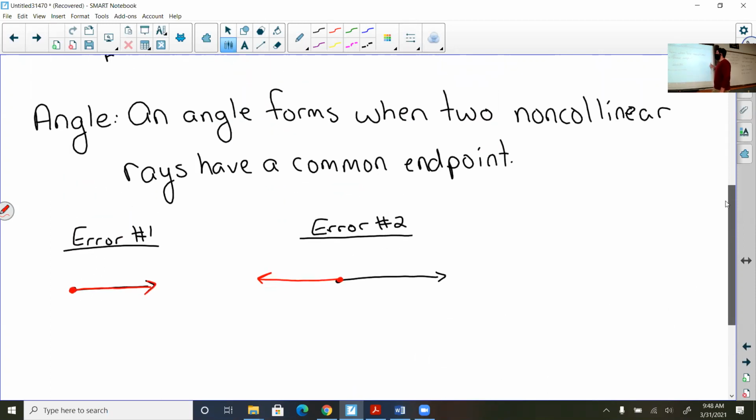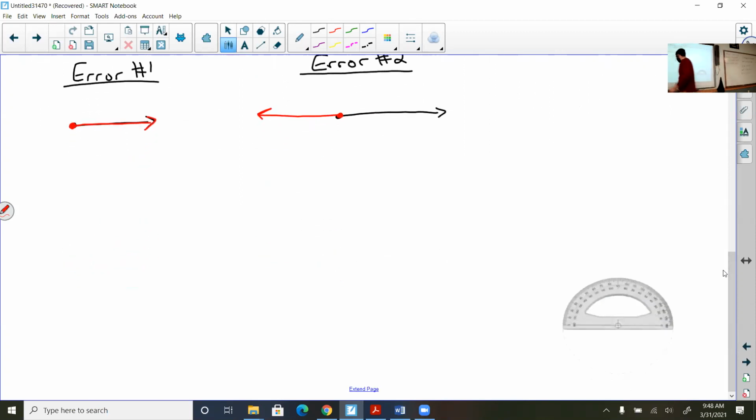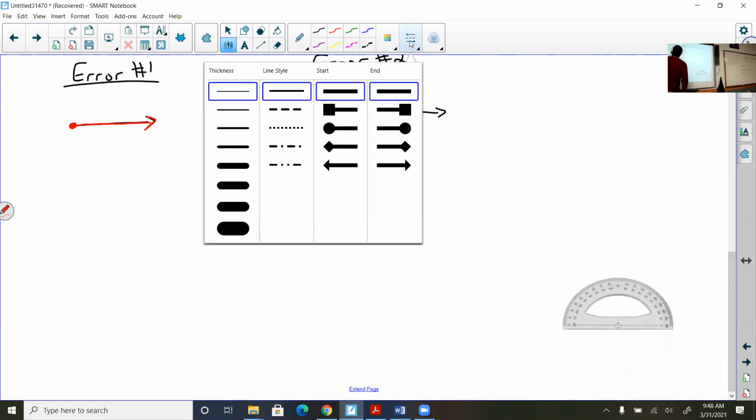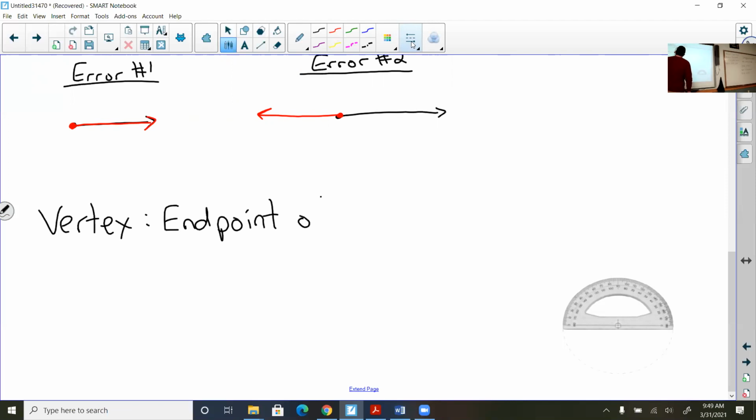Okay, so angles form when two non-collinear rays share a common endpoint. We've used this word before, but we'll bring it back. And that's going to be our vertex. That is, in this case, the endpoint of a ray. So when we want to know the vertex of an angle, it's going to be at the endpoint of the ray.